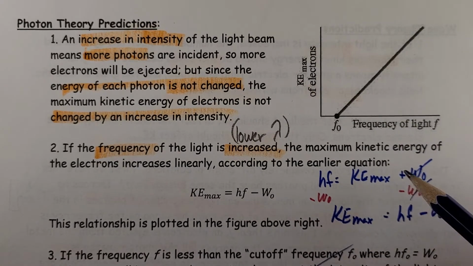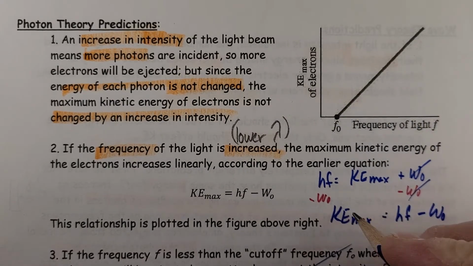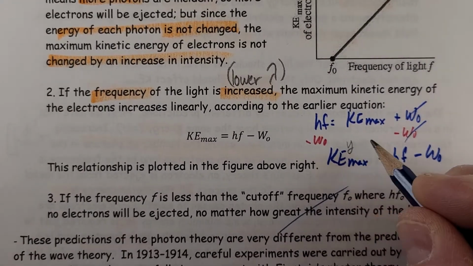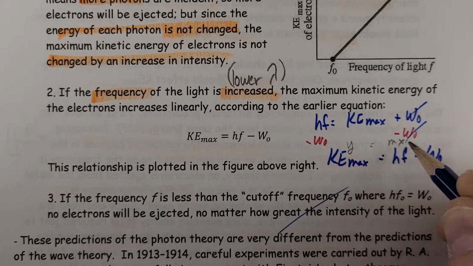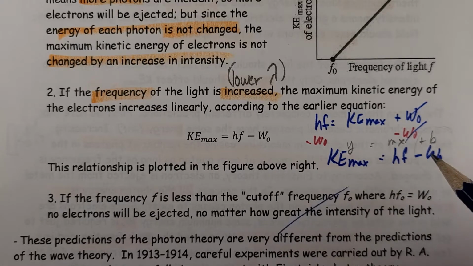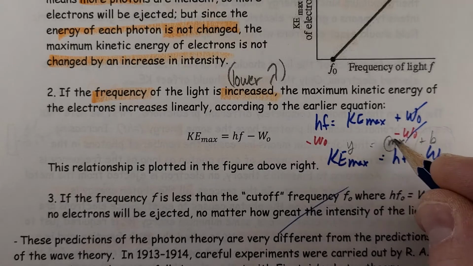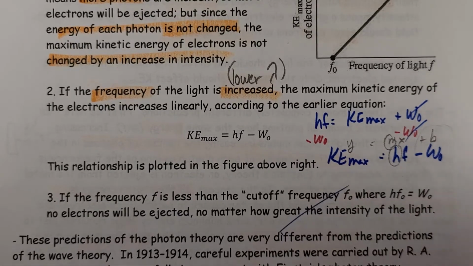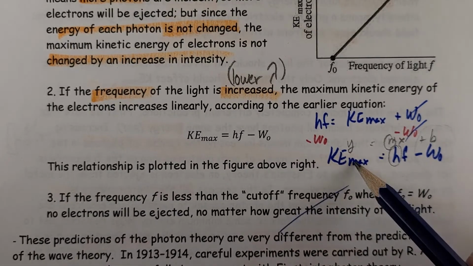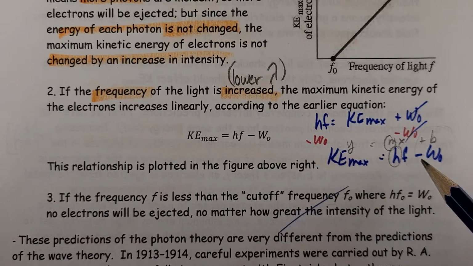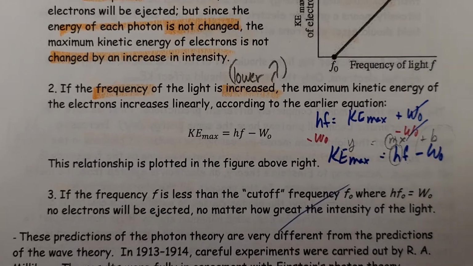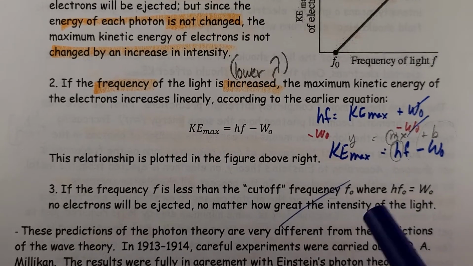So we'll be taking a look at that and seeing that this is very similar to y equals mx plus b. And of course, if we set that to 0, then the slope is equal to h. So if we know the kinetic energy max at various frequencies, we can figure that out. But we'll leave that to the next video.